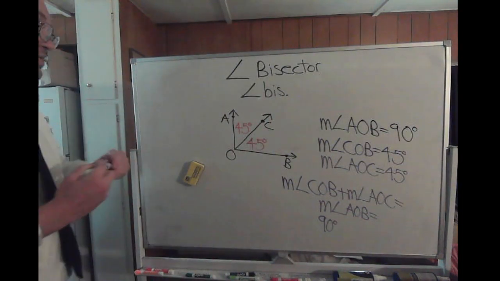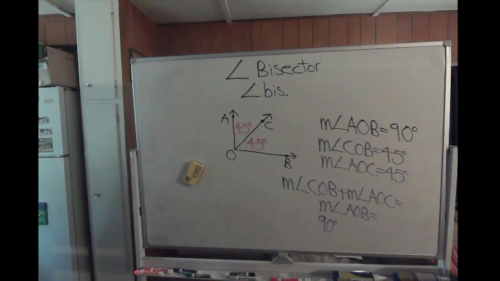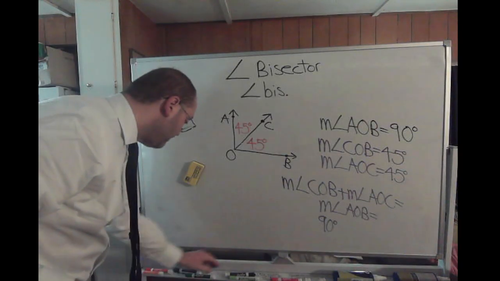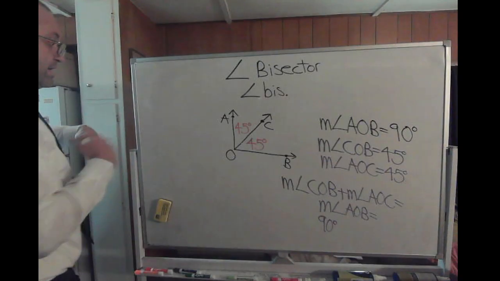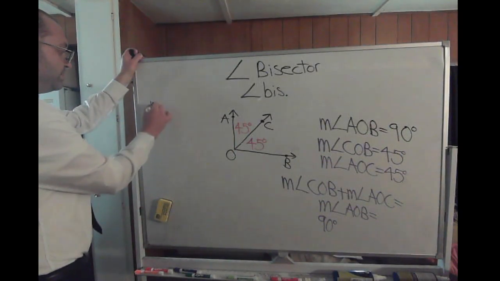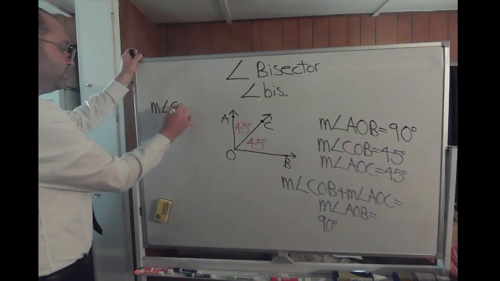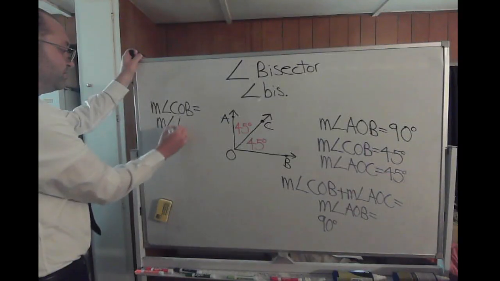So that's the bisector of an angle. You can also state that when you have angles bisected, the measure of angle COB is equal to the measure of angle AOC, right?